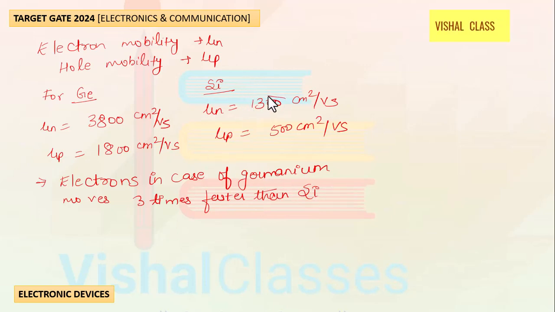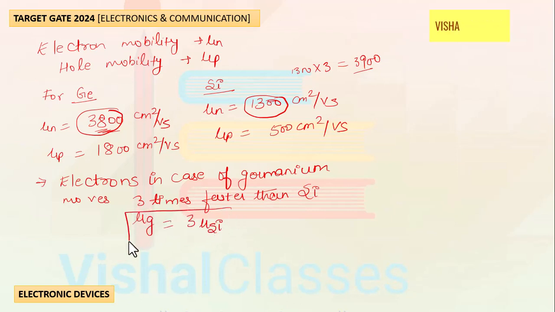As you see, this value is 1300, this value is 3800, 1300 into 3 is about 3900, so this value is 3 times faster. So mu of germanium is 3 times mu of silicon.